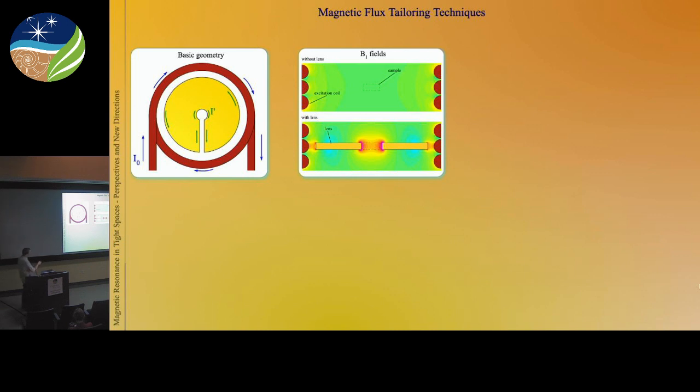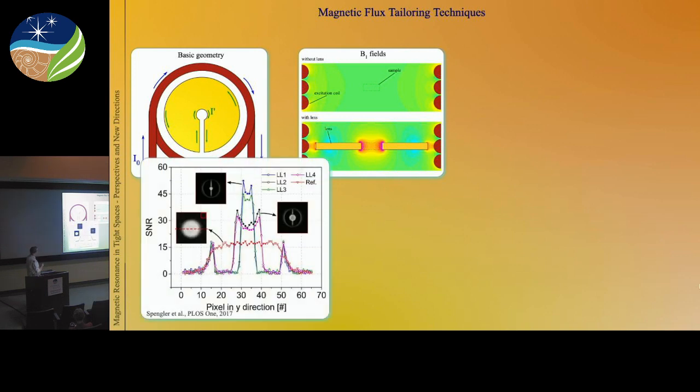One of the first experiments where we saw that this works was also put forward by the group from the KIT. Here they used such a resonator, dipped it into water, and measured magnetic resonance imaging across a fixed axis, and measured the SNR per pixel.